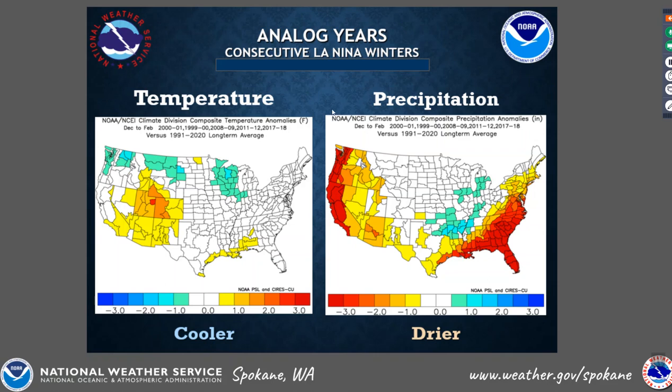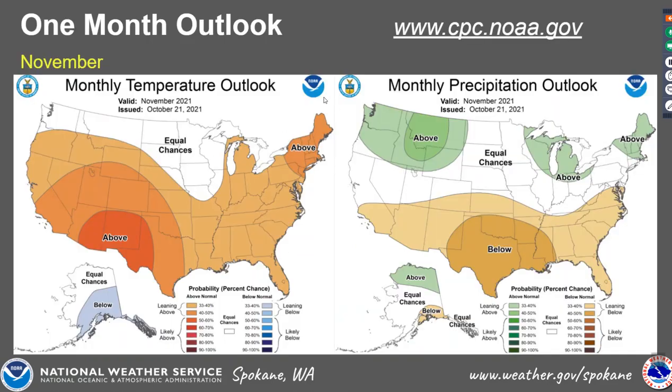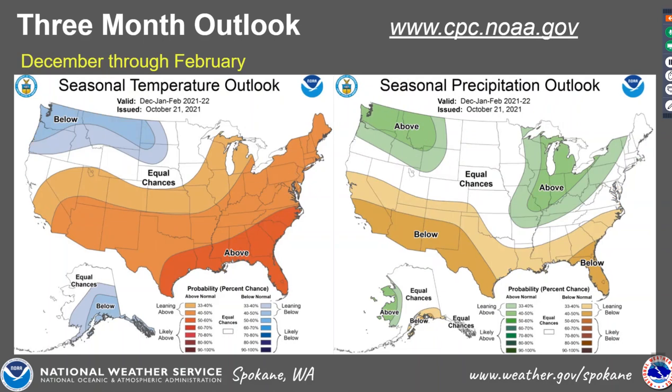drier, okay? But looking at our outlooks, back to the 1 month, looking at our outlooks for November, you can see we're saying equal chances of temperatures on the left, but we're seeing a signature for above average precipitation for November across our region.